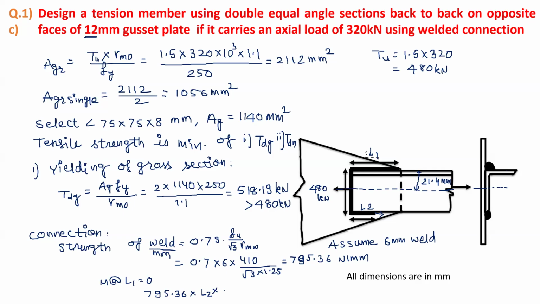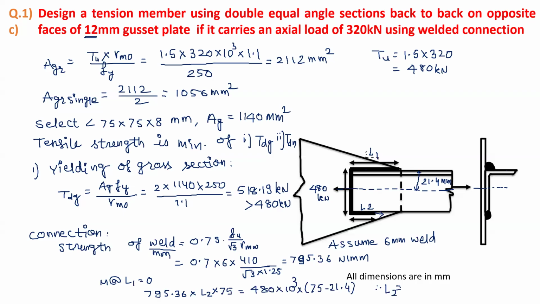As we have taken the angle section 75, we take this value as 75. So into 75, equal to 480 into 10 raised to 3 into 75 minus 21.4. Just check the values.